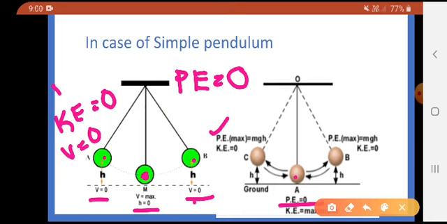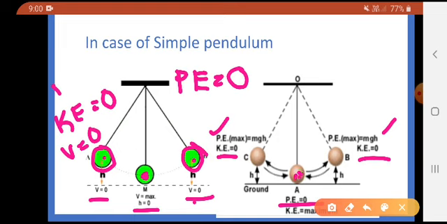Kinetic energy depends on velocity, potential energy depends on height. Velocity is 0, therefore kinetic energy is 0 at these two extreme points. At extreme positions, potential energy will be maximum.